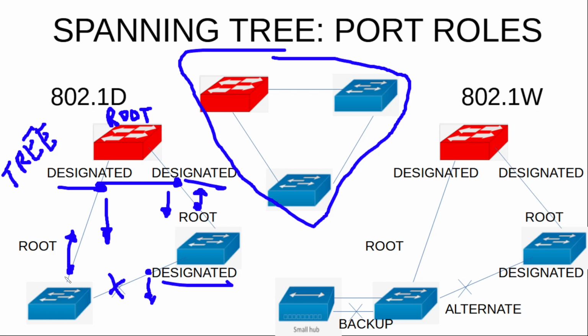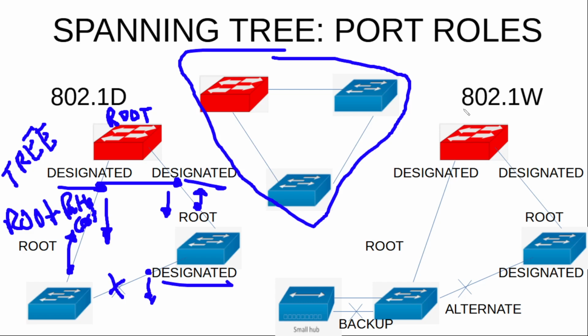The root ports are the ports that happen to have the lowest root path cost. So these are the ports that provide the shortest path to reach the root bridge. By default, all the ports that belong to the root bridge are put into designated role.